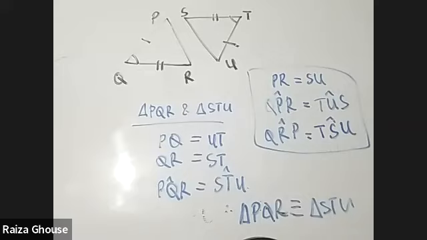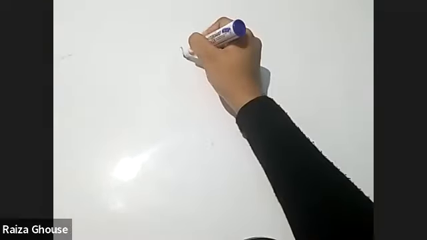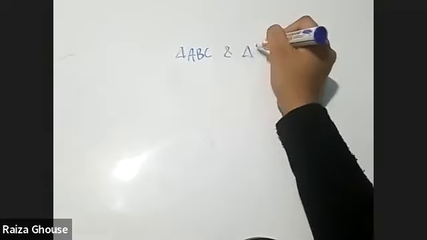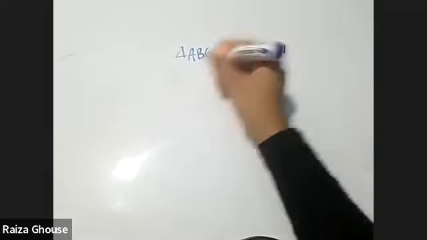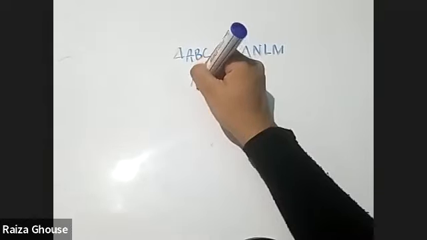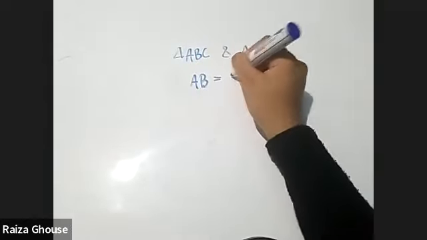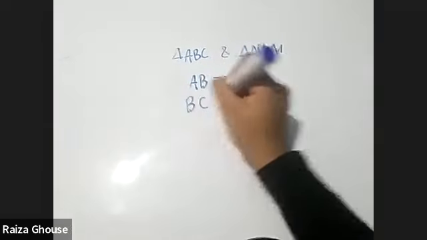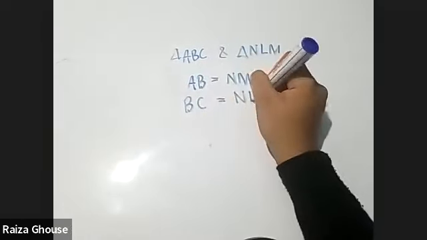Okay, wait. For the second one, I can give you a small explanation also. Tell me, in the second one, what are the provided data? Look at the board. Triangle ABC and triangle NLM. In ABC, I can write AB side is equal to NM side. That is given. BC side is equal to NL side.